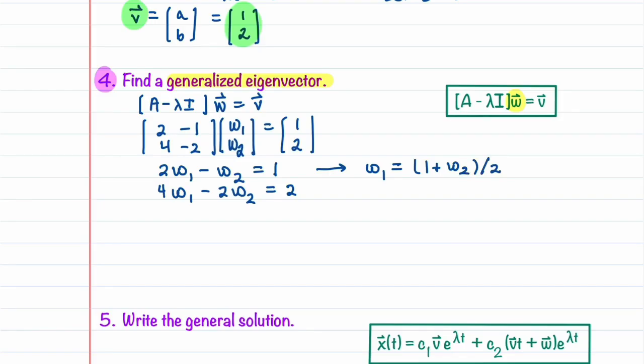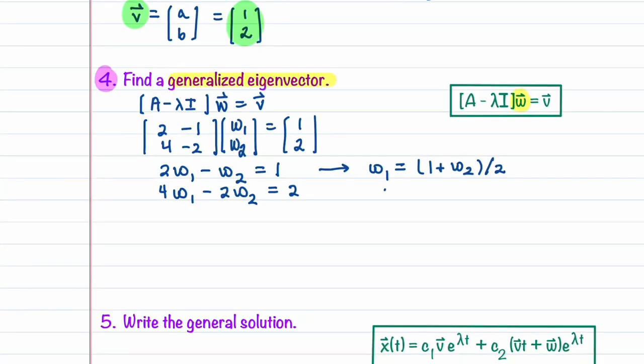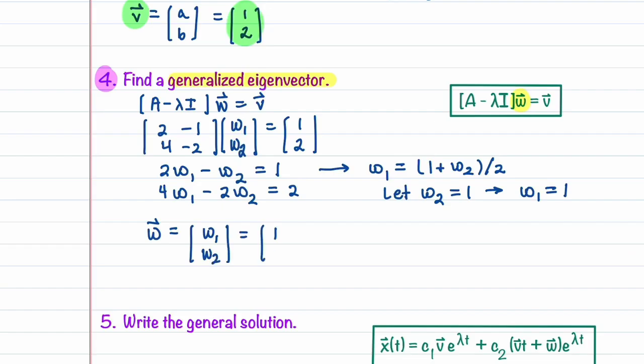Let's see what we can choose so that we don't have fractions. I think we could let w2 just be equal to 1 and everything will work out nice. We're going to let w2 be equal to 1, and that's going to give us that w1 is equal to 1. So we have our generalized eigenvector, vector w, equal to [w1; w2], and we now know that that is equal to [1; 1]. And we'll highlight that one.